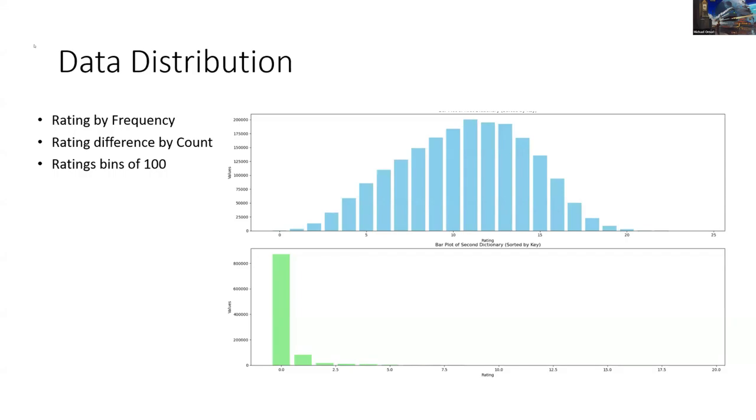For the data distribution, I just wanted to take a look at it. You can see the ratings by bins of 100 are pretty normally distributed, and most people are somewhere around 1,000 to 1,500.